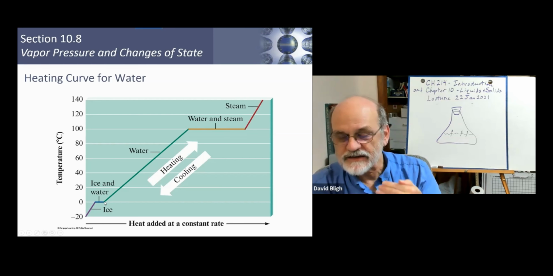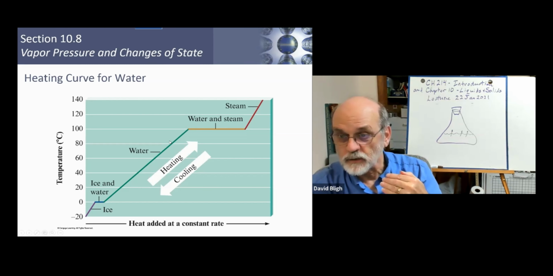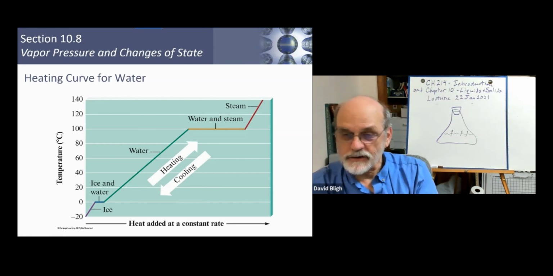Then once all the solid is gone, the energy we add in the form of heat is used to raise the temperature of water, the liquid water, until we reach the boiling point. And now the energy, instead of exciting the water molecules in liquid state, is sufficient to cause the water to leave in vapor.